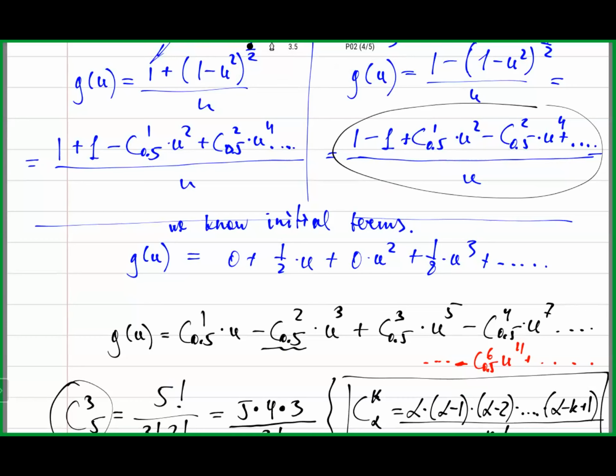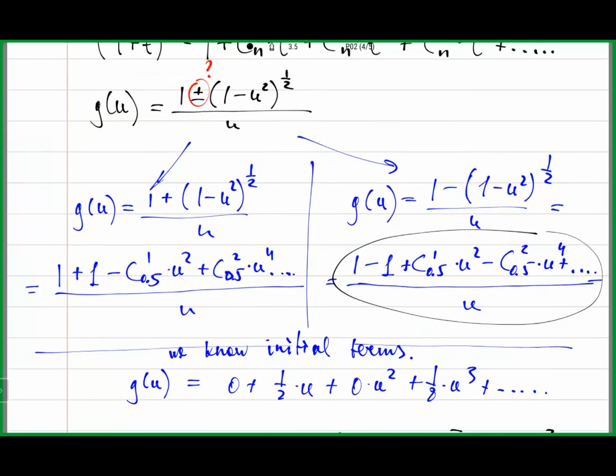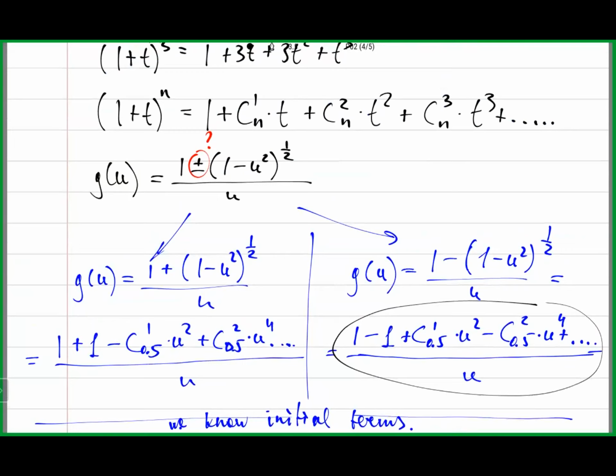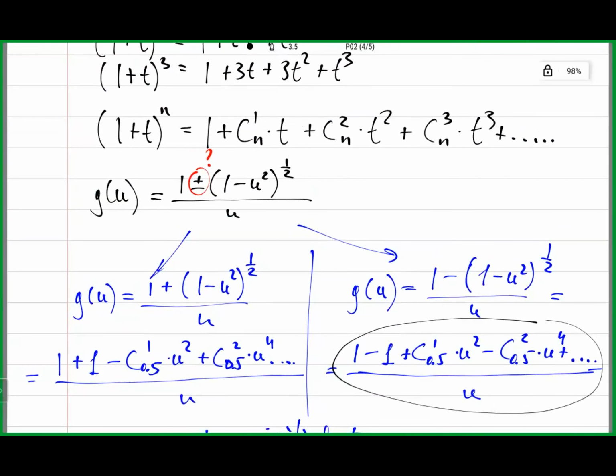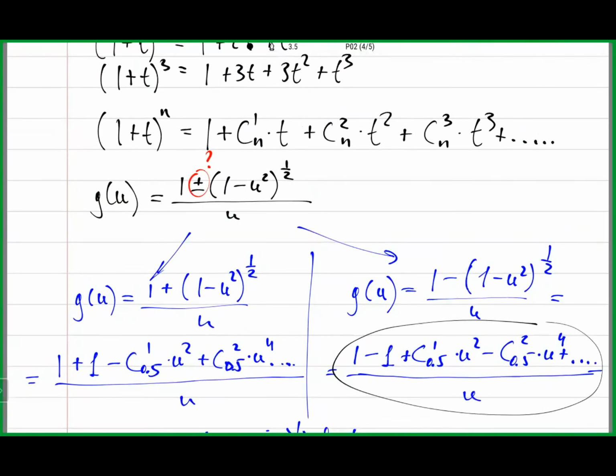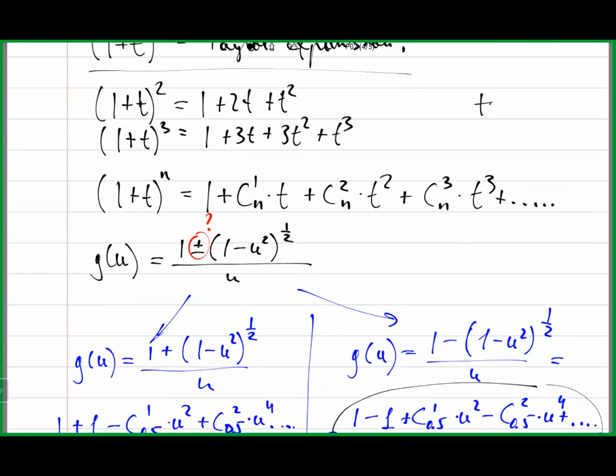Because we have not t plus 1 in the power of alpha, but we have the square root of 1 minus u squared, divided by u. Just replace t by minus u squared. Oh, and we get it. Okay. Thank you very much. So that's an easy question. Okay, yeah, that's a good point.